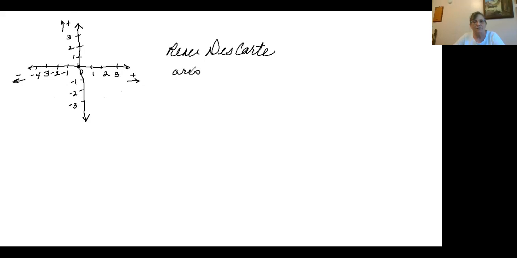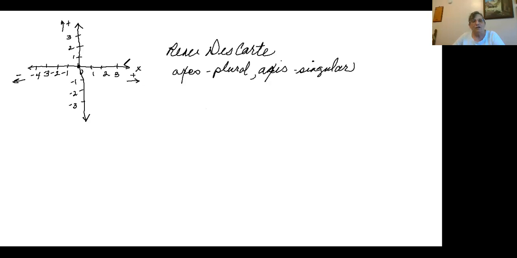Axes with an E is plural. Axis, A-X-I-S, is singular. And I know a lot of this is really, really basic, but when you're going to start, that's a good place to start.